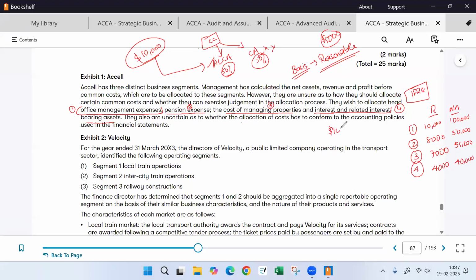What if 100,000 is the total head office expense? Okay, 100,000 is a bit too much.